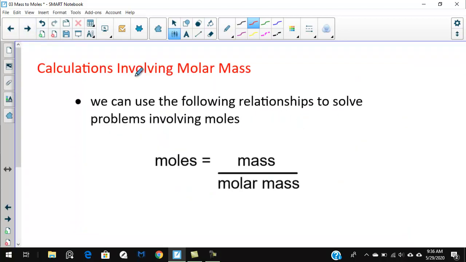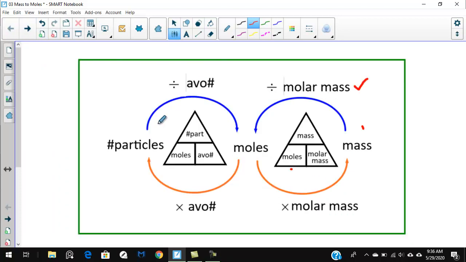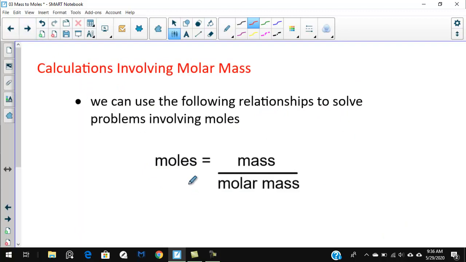Right, so we can turn this relationship into another formula. We already had one formula, but this is our second. You can say this formula is true, that moles equals mass over molar mass. We can use that triangle again, and we can generate all of the other possible formulas.